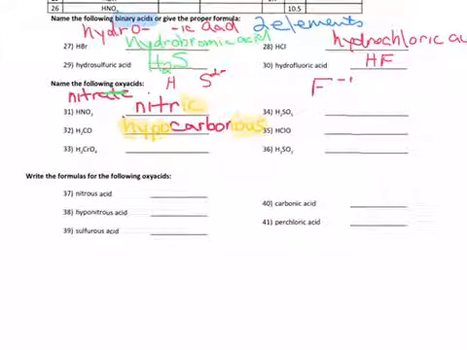Per. You still keep the ic at the end. So we added per, and then we added ic at the end. Persulfuric acid.